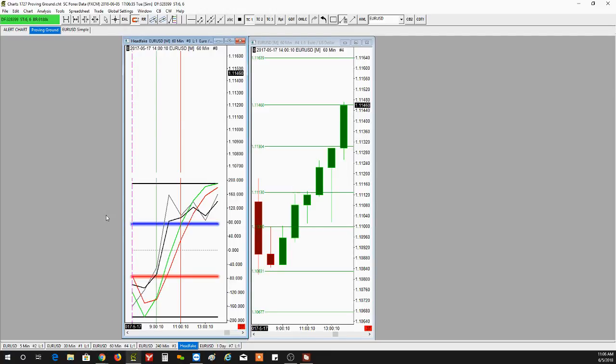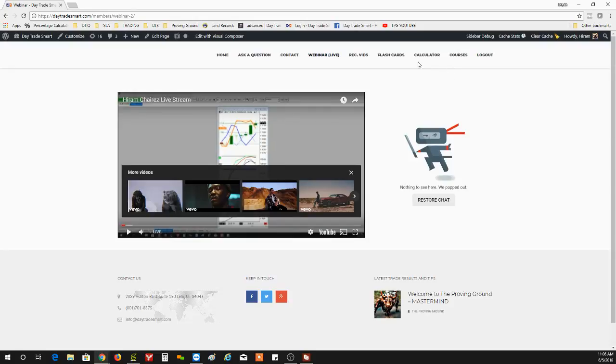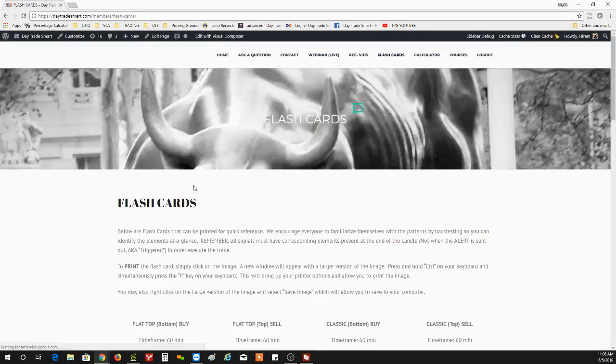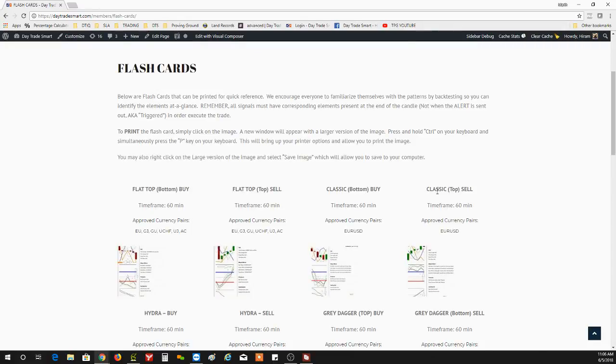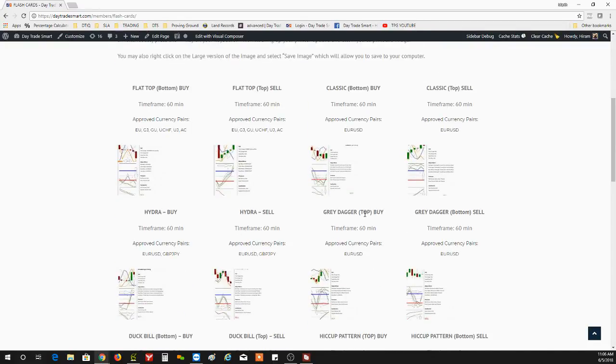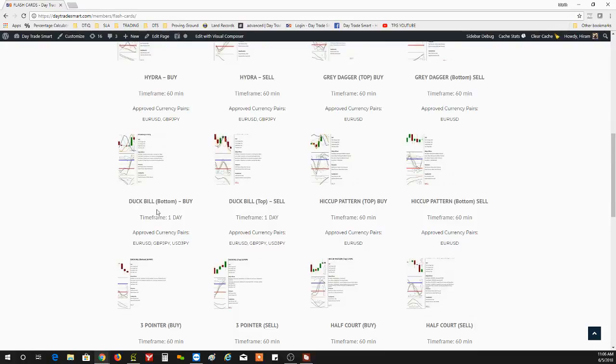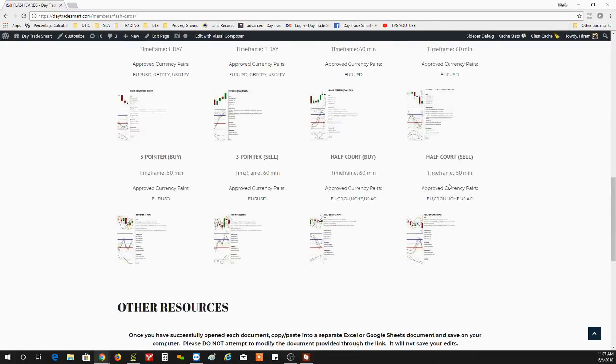Dan, you talked about a head fake, but they're not in the flashcards anymore. Is there a reason? They've never been in the flashcards. The head fake, I don't think I ever added them to the flashcards. I think the only thing I have in the flashcards, with some few exceptions, are the patterns that are alerted. So if we go to flashcards, flat tops are alerted, classics are alerted, hydras, gray daggers, duckbills, hiccup patterns, half courts, and 3-pointers.